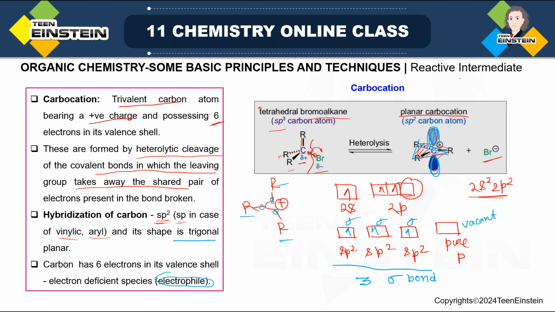Remember in the last class when we discussed nucleophiles and electrophiles, under the heading of examples of positively charged electrophiles, you have already seen the example of CH3+, right? So now you can explain why CH3+ will act as an electrophile.